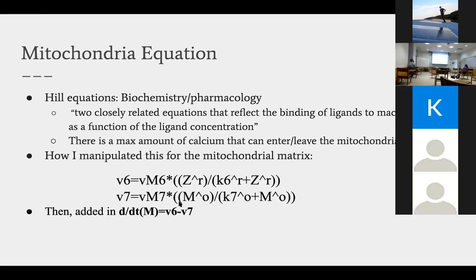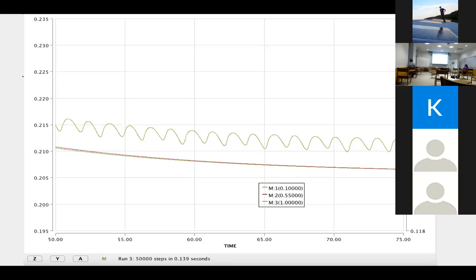And same for here, this is going into the mitochondria, so we created an M variable, and it has a maximum amount that can enter the mitochondria, and this is how it is divided to show how much is entering the mitochondria in a specific time so it can oscillate. Then we added in this differential equation for the mitochondria, which was V6 minus V7. And you can see it here.